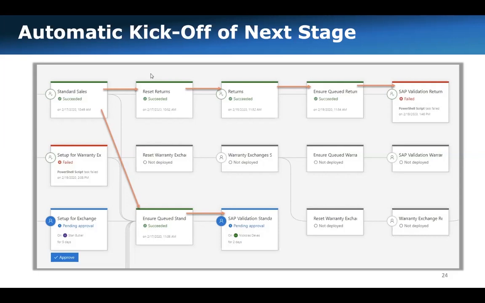As you see there, once they all pass, then it will go on to return those standard sales, and it will also go on to validate those standard sales in SAP. And like I said before, I can't imagine doing something like this in Jenkins.